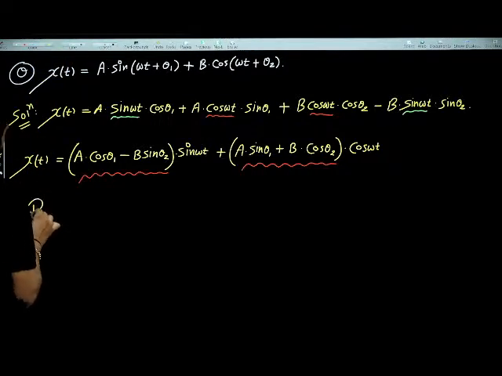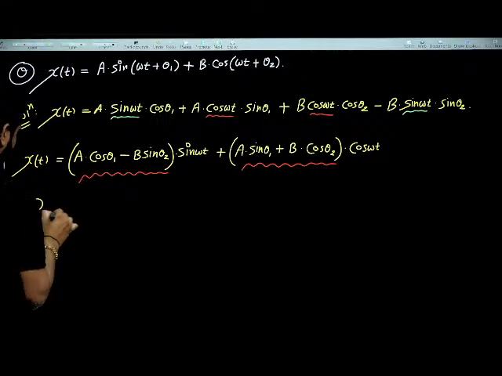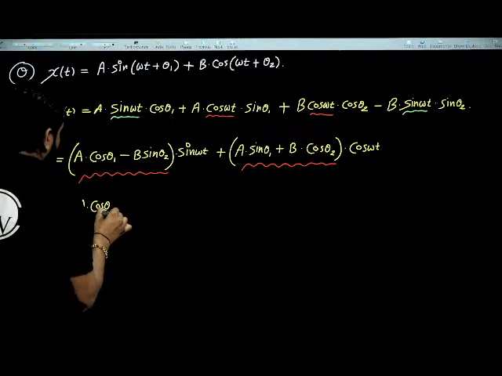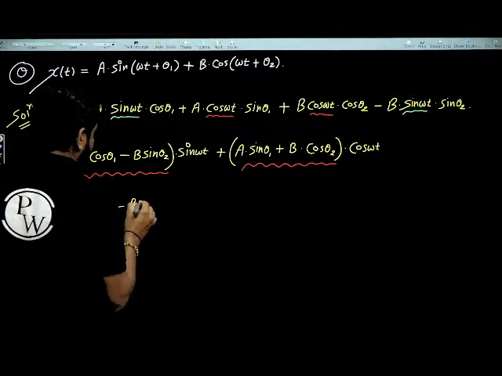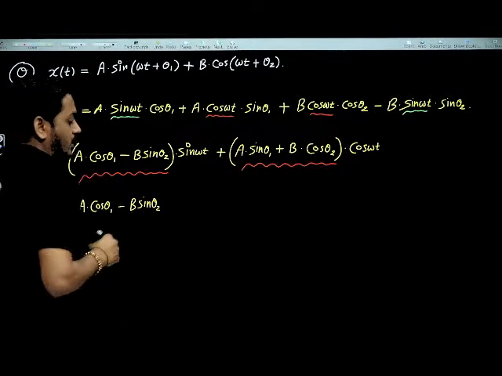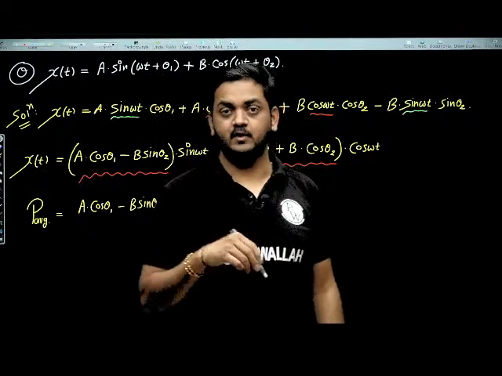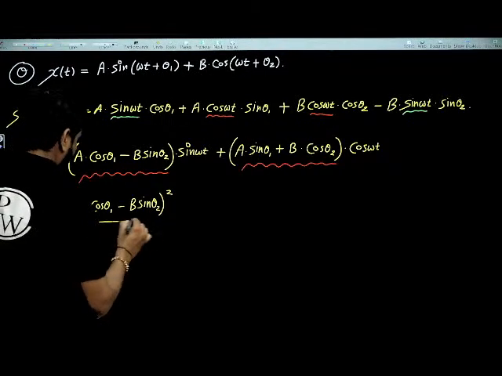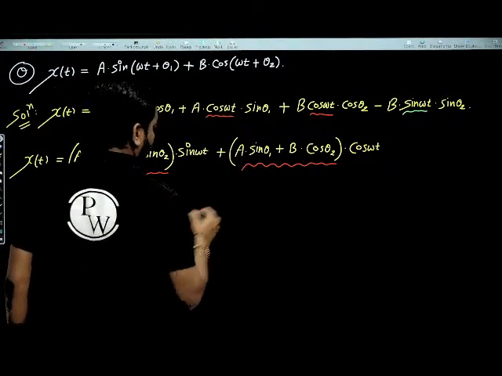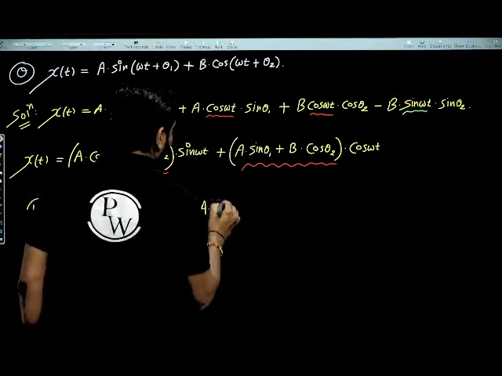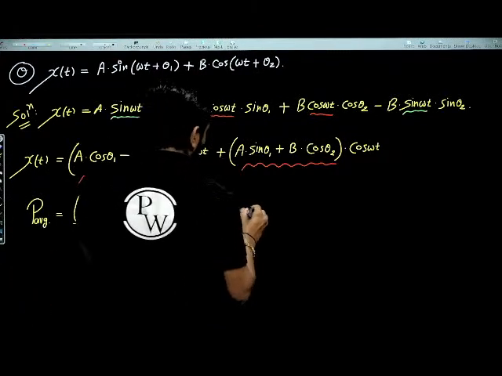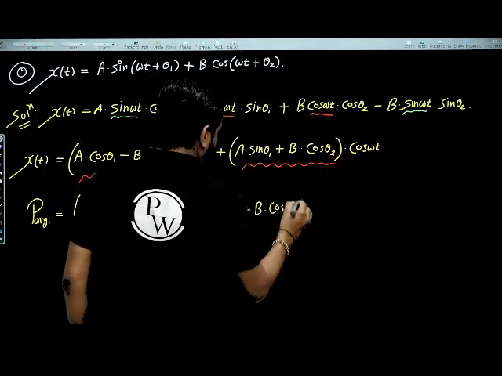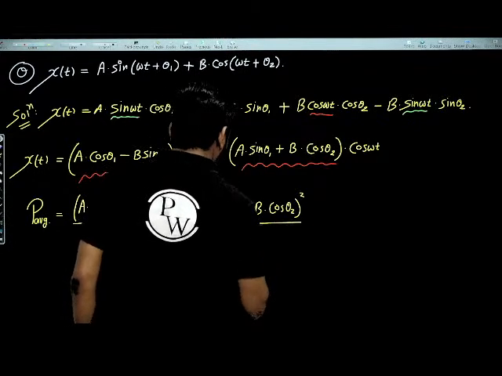So here average power is given by (A cos theta 1 minus B sin theta 2) peak value square divided by 2 plus (A sin theta 1 plus B cos theta 2) peak value square divided by 2.